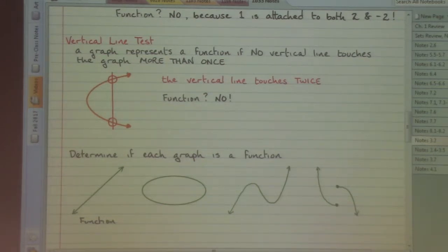For the next one, we've got this oval shape, and we move far enough along that we would see that in that oval shape, if even one vertical line hits more than once, we do not have a function.